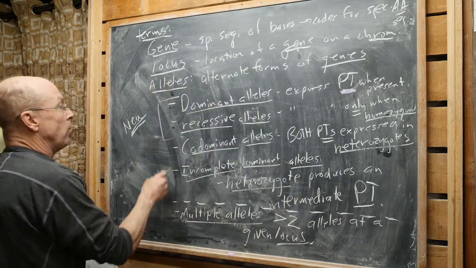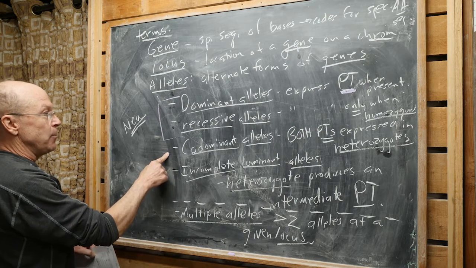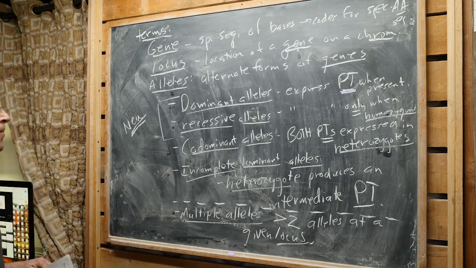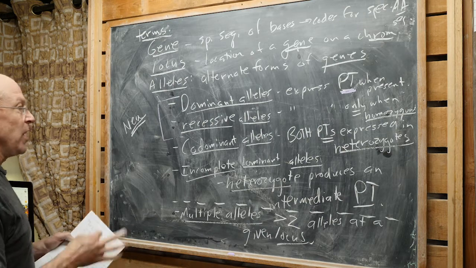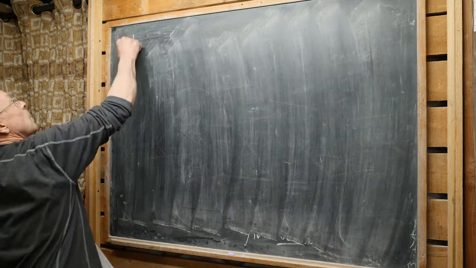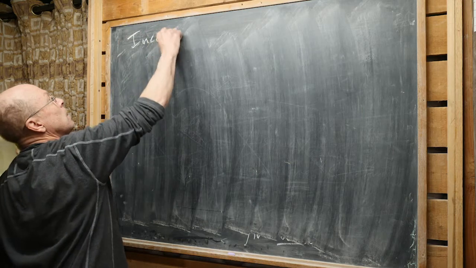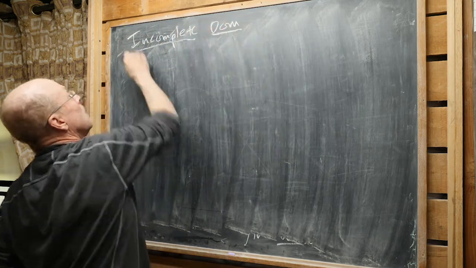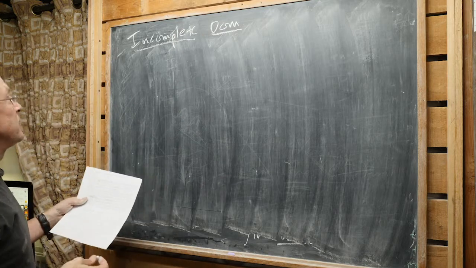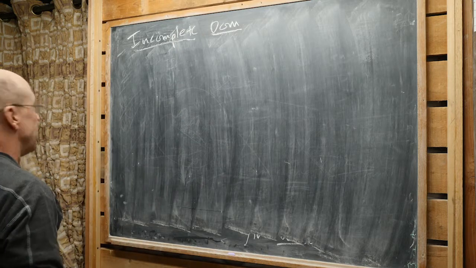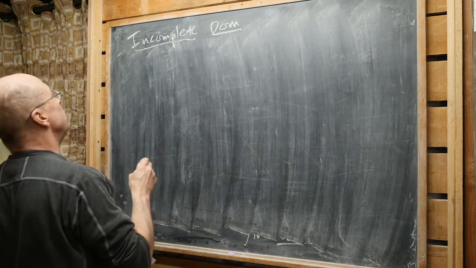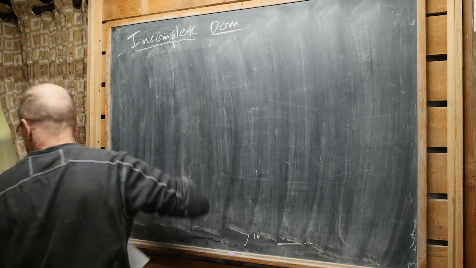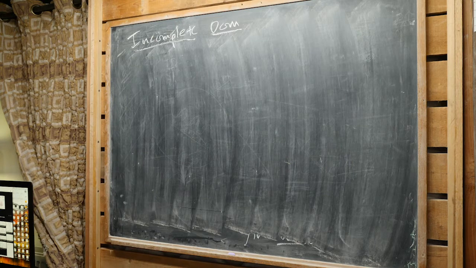So now what we want to do is pick up on these examples of codominant alleles, incomplete dominant alleles, and multiple alleles. I'm actually going to start with incomplete dominant alleles. So what we're going to do now is a cross, and one of the classic crosses that we'll see is coloration.